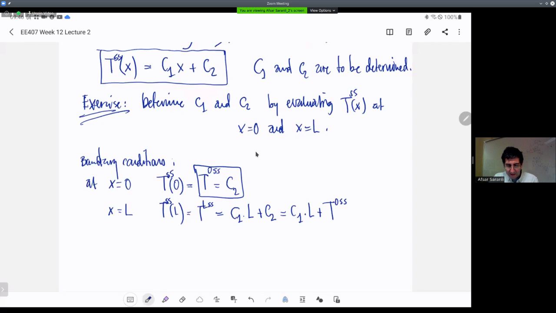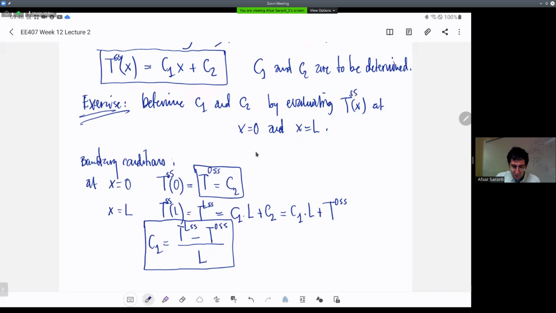Okay, and therefore we have C1 being just equal to TLSS minus T0SS simply divided by L. Okay, so that's your other unknown. Okay, so these are constants because at this point both the time variable has vanished and also the space variable has vanished.